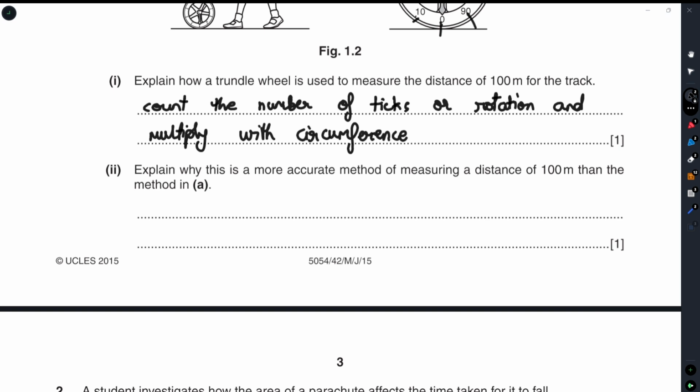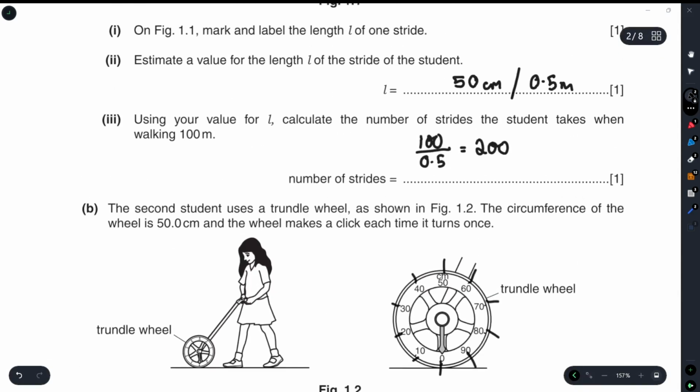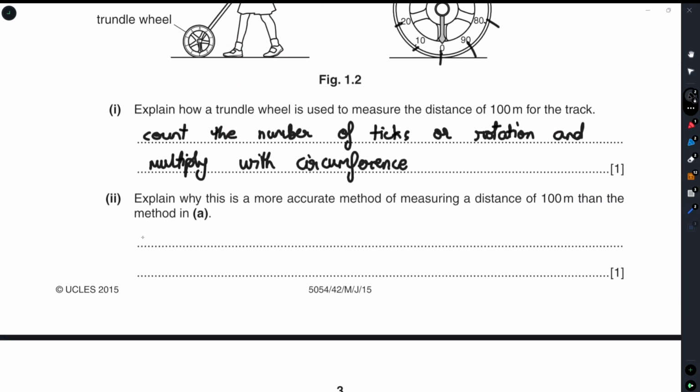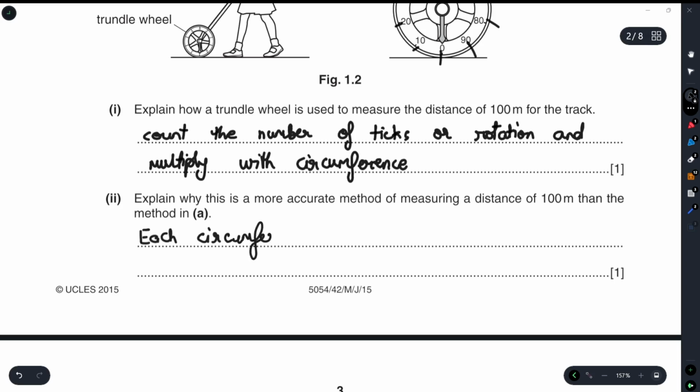Explain why this is a more accurate method of measuring than the method in A. So strides compared to strides, why is it a better method? Because each circumference is exact.